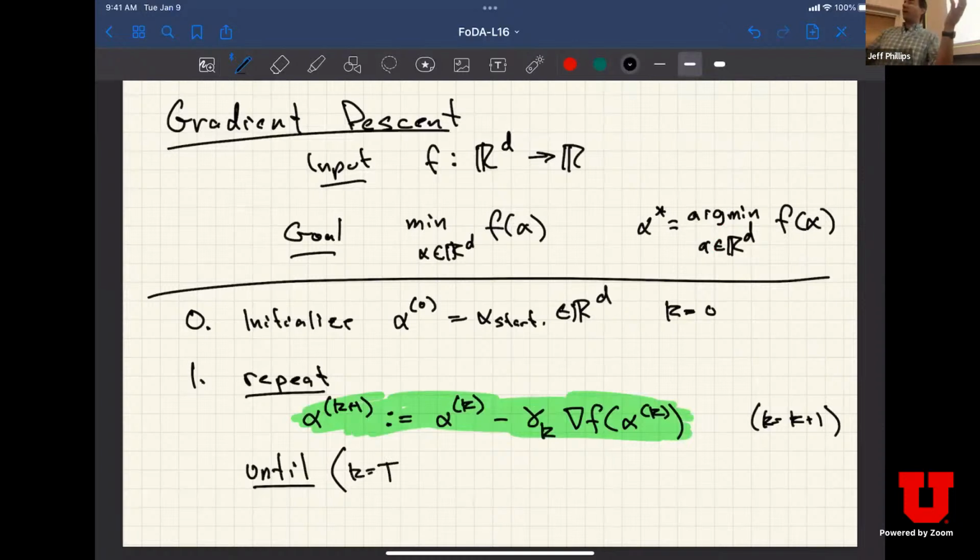You set some upper bound on the number of steps. In practice, you'd probably just set, I'm going to do 20 steps or 100 steps, and maybe you play around with that.